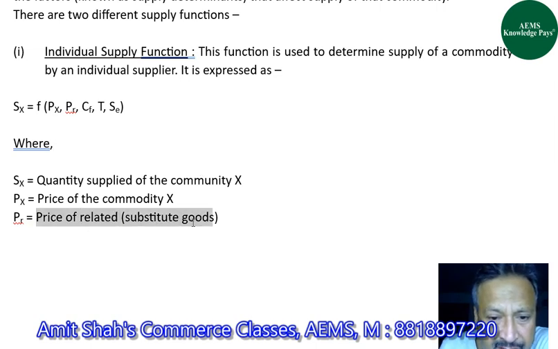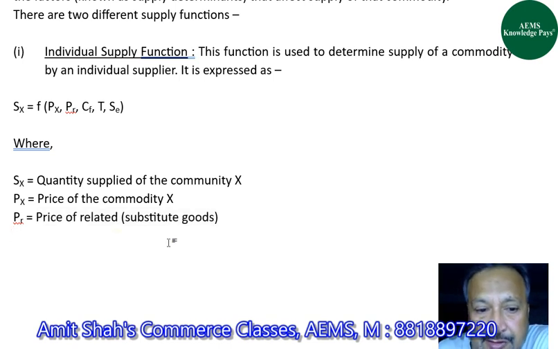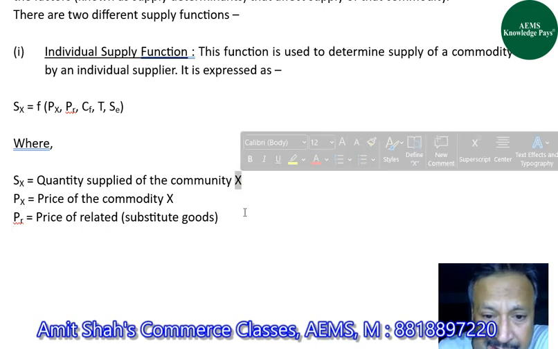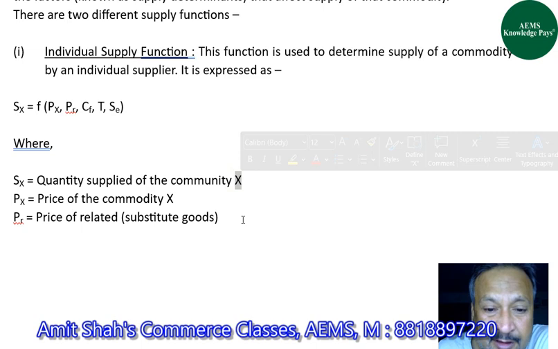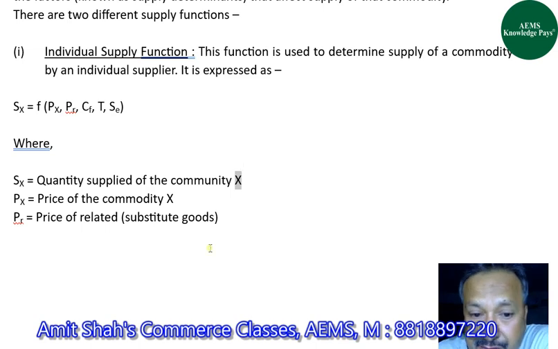Guys, here related goods are only one type of goods, that is substitute goods. In case of demand function, we have seen two types of related goods, that is substitute goods and complementary goods. In demand function, substitute goods are those which a consumer can use in place of the main commodity. He goes for commodity X, but X is not available in the market, so he purchases Y. If it is so, it means for that consumer, Y and X are substitutes.